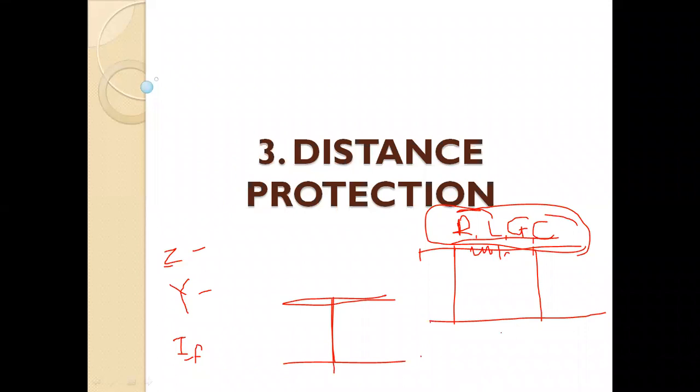Why I am saying this, because by considering this only, we have to protect this transmission line. Means you should know the basic parameters or basic terms used in this transmission line.